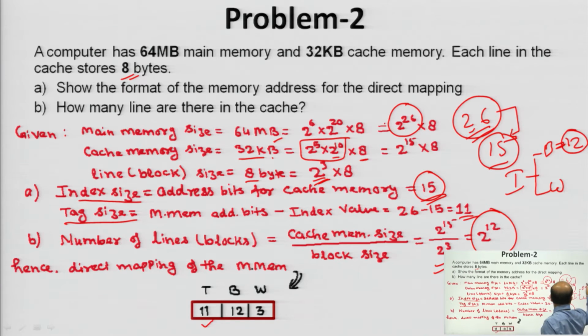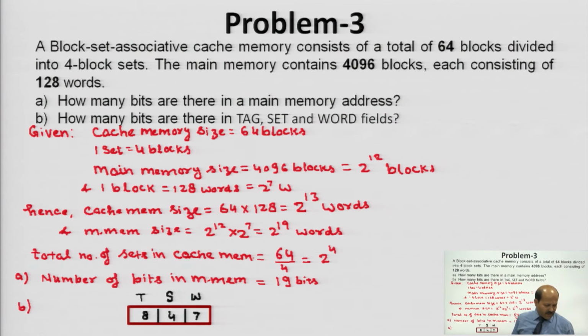So, 12 bits are required for block mapping, and in each block there are 2 to the power 3 words, so 3 bits are required. That is why it is calculated as 12 and 3: 12 bits for block and 3 bits for word in each block. This way we can solve such types of problems of direct mapping and set associative mapping.